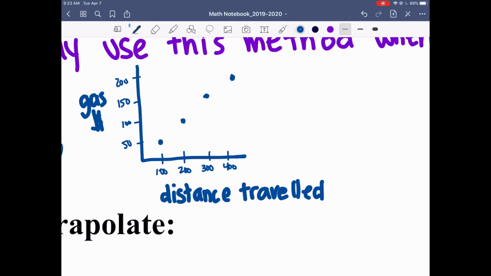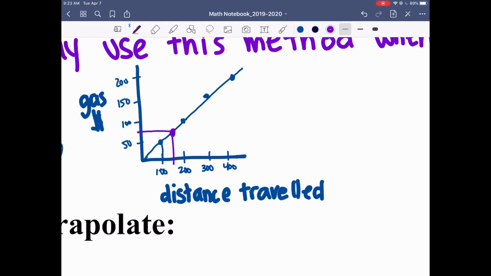So for 100 kilometers, it's $50, 200, $100, and so on. This is kind of our trend in our graph. Can we interpolate? Let's say, for example, I want to travel just 150 kilometers, which is between 100 and 200. Does it make sense to come up with a value in between these two?